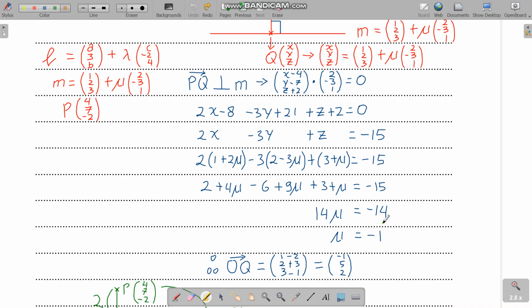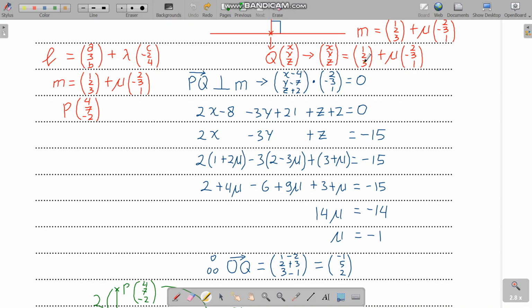After we find the mu, we can find the coordinates of Q, or the position vector of Q. So it is 1 plus 2 mu, but the mu is minus 1. So 1 minus 2, 2 plus 3, and 3 minus 1.